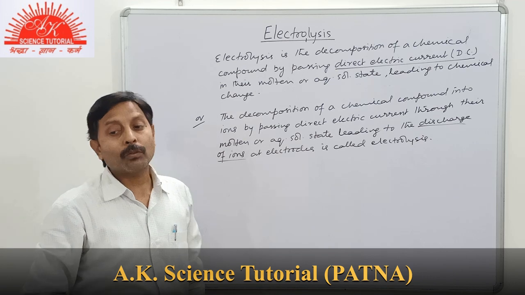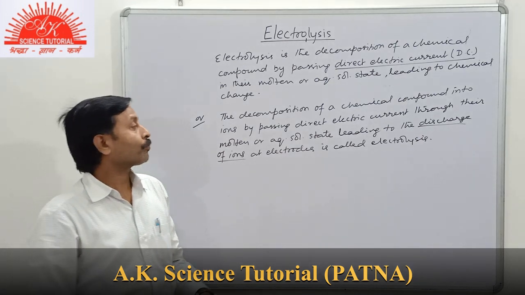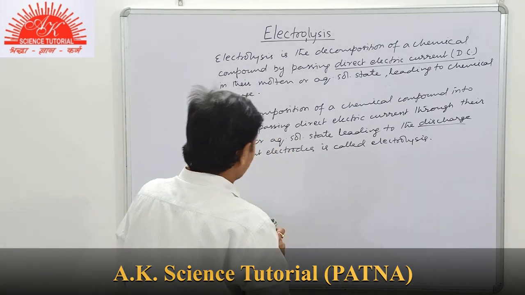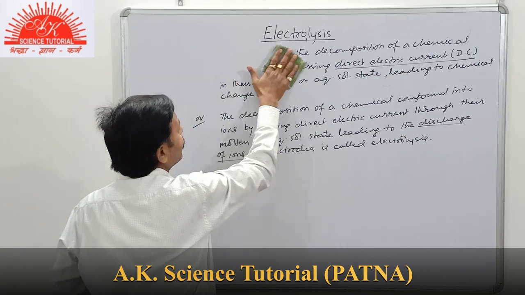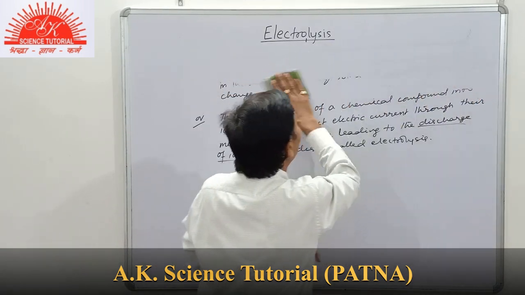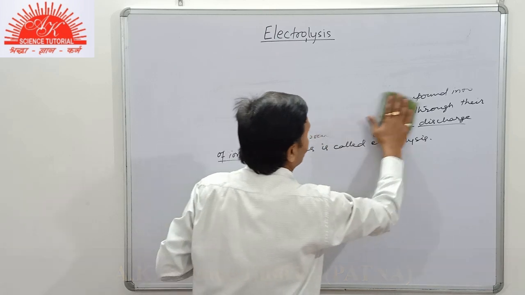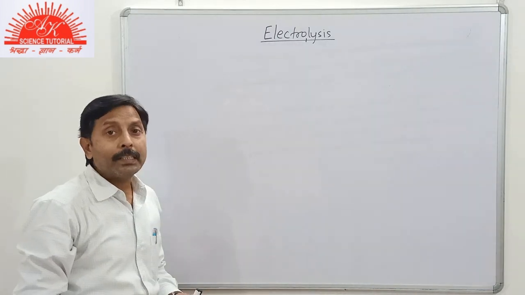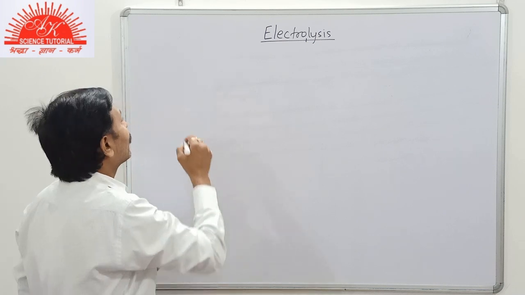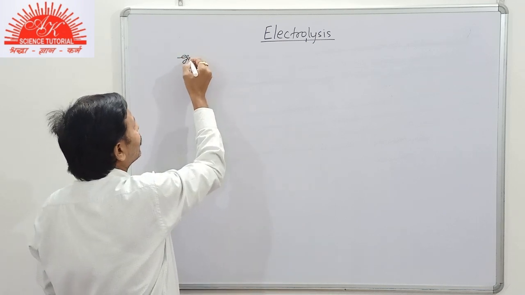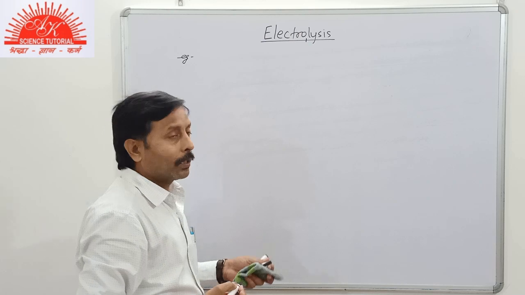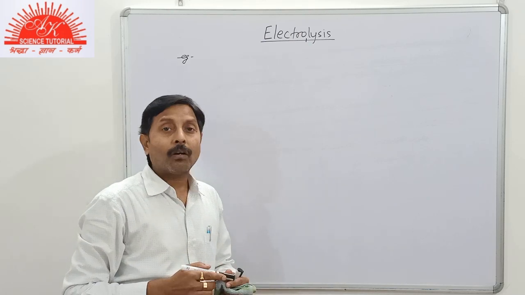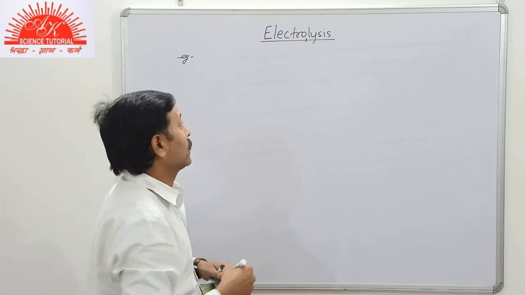So students, we see here that in electrolysis the chemical change takes place with the help of electric current. It can be made clear with the help of an example. Just to describe the process, later on we will study its different conditions.